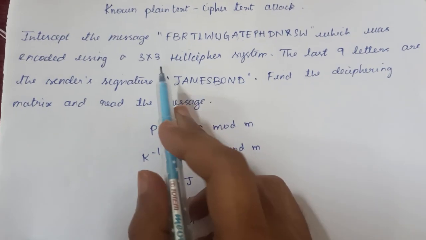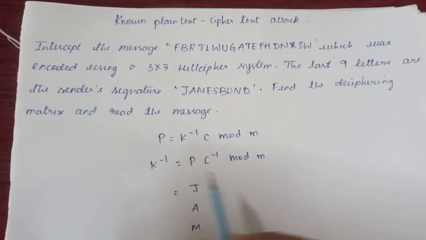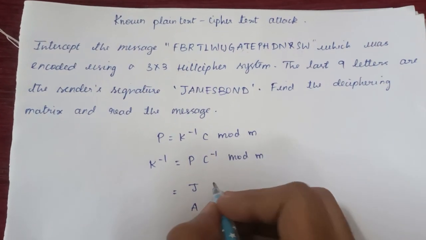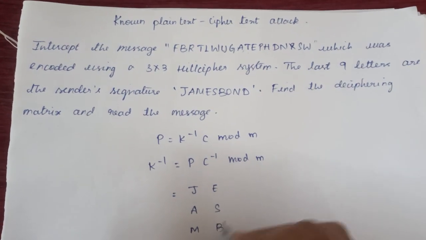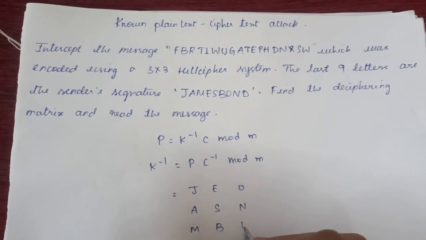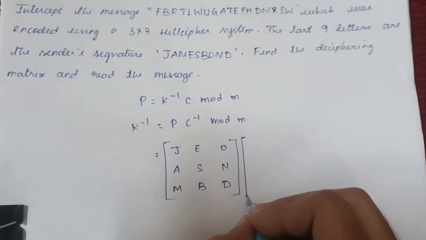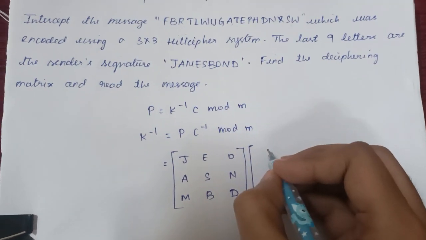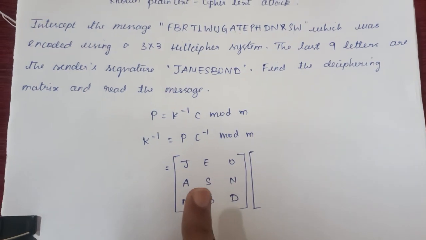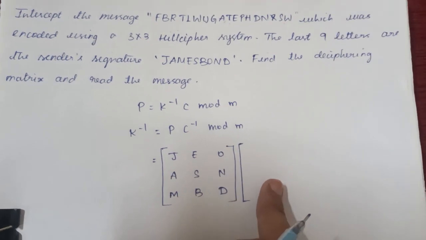It is given as a 3x3 Hill Cipher system, so 3 rows and 3 columns: JAMESBOND. Now the corresponding ciphertext for this plain text should be written.